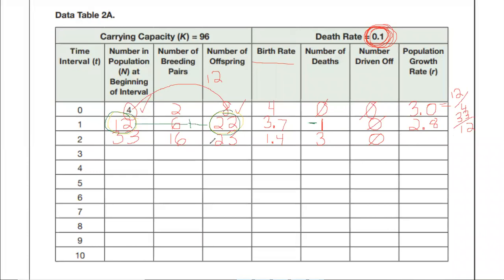And then this time, I would take the 33, add it to the 23, that's going to be 55, but I have to subtract these 3. I'm sorry, it's not going to be 55. It was going to be 56, but I would subtract these 3, and that's going to give me 53 for my new population.